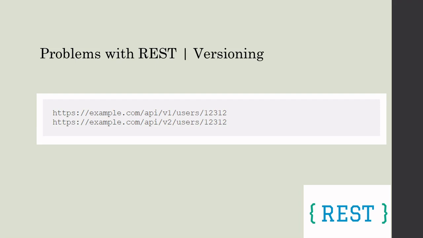Because we didn't want to alter the existing functionality, or maybe it was too difficult to modify the existing APIs, either because they are large in number or because there was no documentation. As you can see in this example, there is a version 1 of users and then a version 2 of users. Let's say there was a Spring Boot or REST API version upgrade.